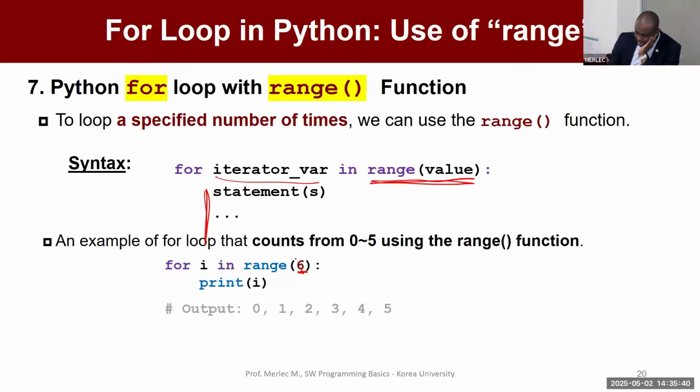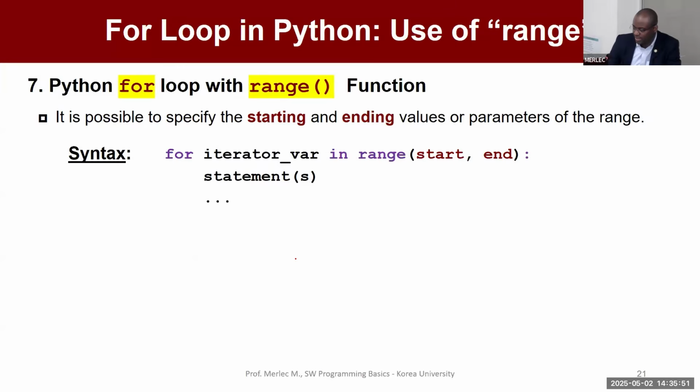This is simple, okay? But let's say the other case now, we use the function so that we can determine the starting point and the ending point. That will be shown in this second example. To determine the starting and the ending points using the range function, provide two values. The first parameter will be the value that will be used to start the iteration of the loop.